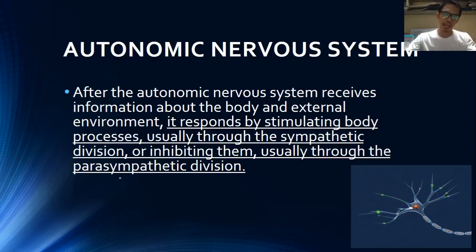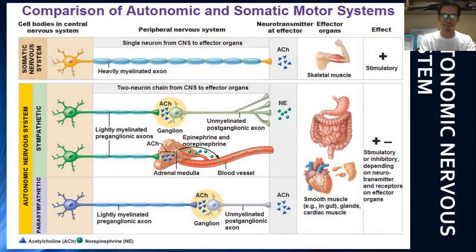So, another keyword for this one: in order for you not to forget the function of the sympathetic division, always remember that the sympathetic division stimulates the body, and the parasympathetic division inhibits all the processes that are done by the sympathetic division. All right, so that is the function of your autonomic nervous system.